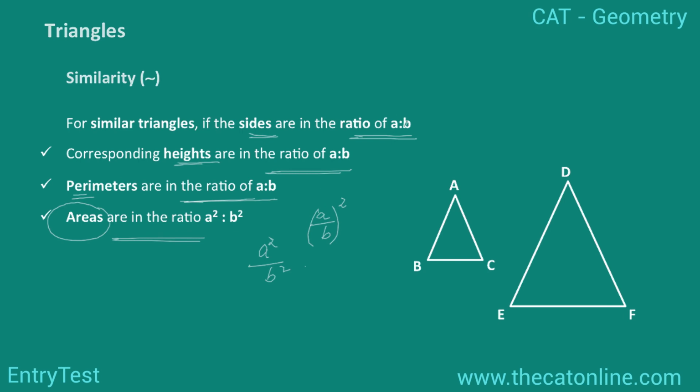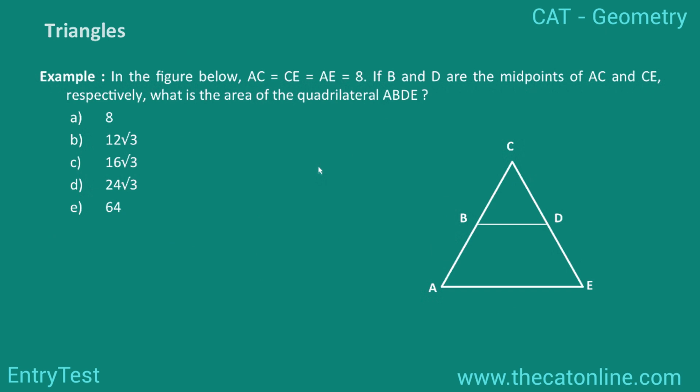If the triangles are congruent, they will have the same height, same perimeter, same area, exactly everything the same. But for similar triangles, their heights are in the ratio A is to B, their perimeters are in the ratio A is to B, and their areas are in the ratio A over B whole square.